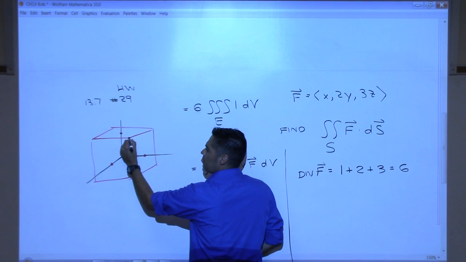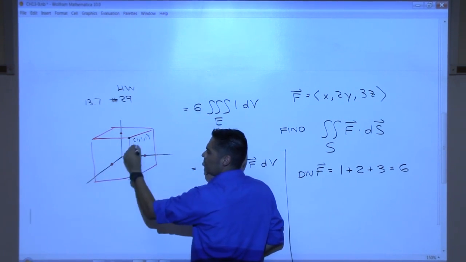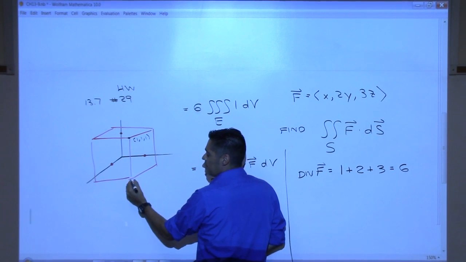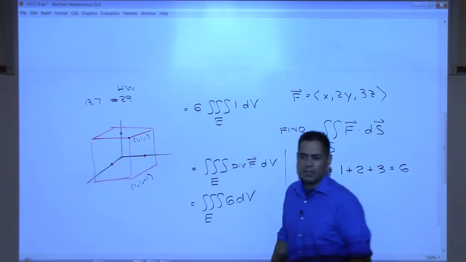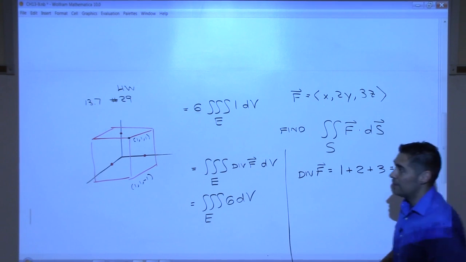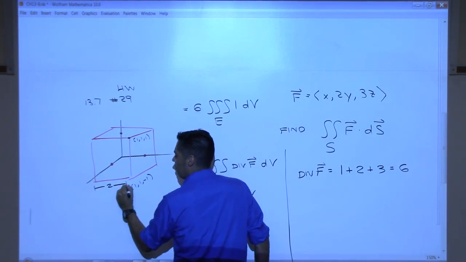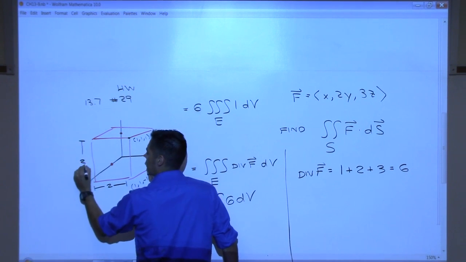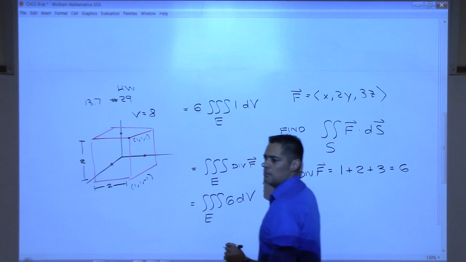This point right here was 1, 1, 1, right? This one down here was 1, 1, negative 1. So the distance between these two is actually 2, not 1. Right? So each side of this cube has a length of 2. Understand? So the volume of this cube is 8.